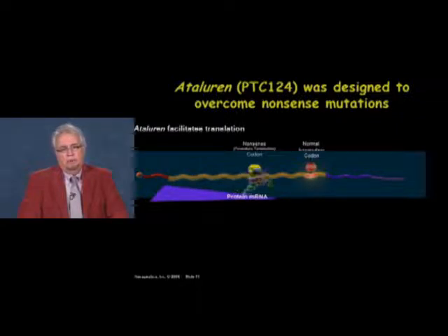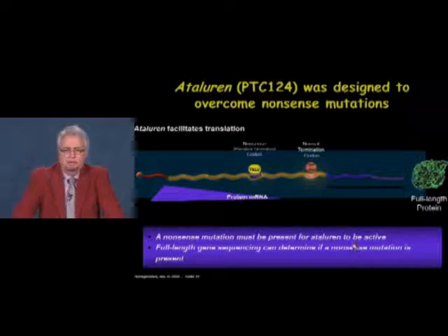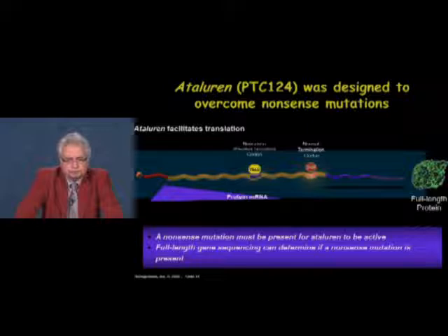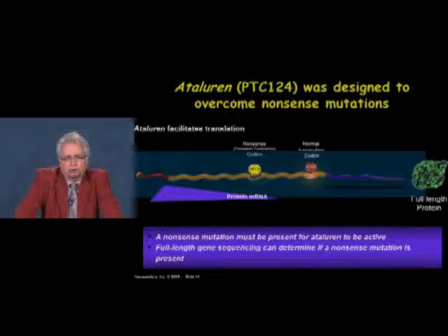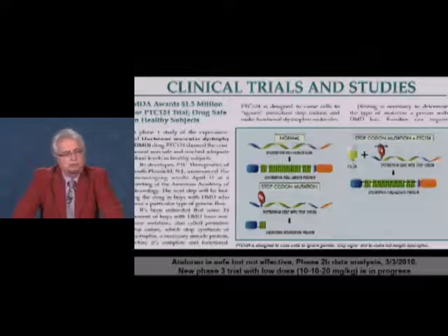So with ataluren, the ribosome can read the entire protein, and in theory, you should end up with full-length protein. This has been studied for many years, preclinically, in vitro experiments, and so on, and appears to be a very promising way to treat patients who have stop mutations.